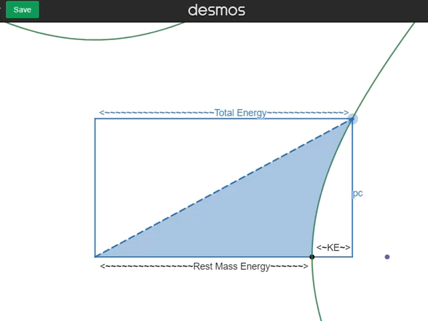But we can draw a diagram and say, okay, if the momentum times the speed of light is here, we can draw the kinetic energy here, we can draw the rest mass energy here, and we can draw the total energy here. But what we don't have is any phenomenological manifestation of the rest mass energy or total energy. We do have phenomenological manifestations of kinetic energy and momentum.